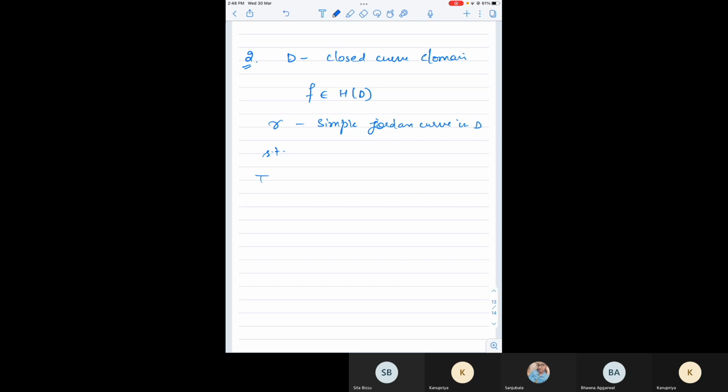And you have to prove that 1 by 2 pi i integral over gamma of z raised to power k f dash z upon f z is equal to the summation of alpha raised to power k, where this sum is over all zeros of f.